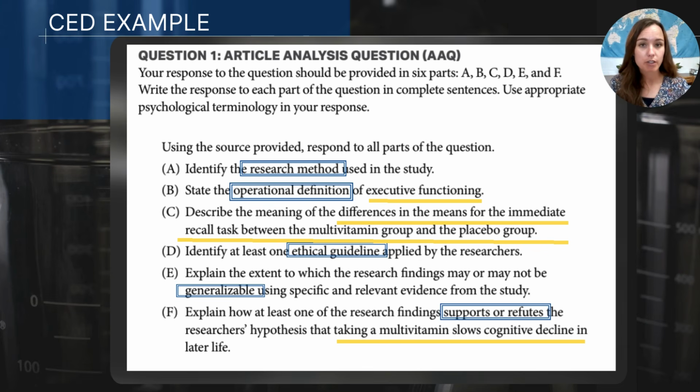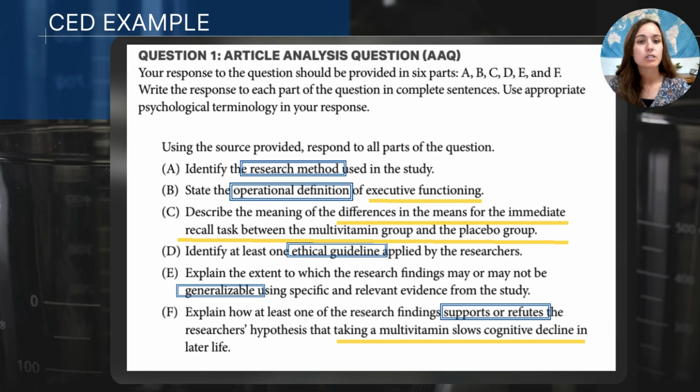So this particular AAQ gives these 6 tasks, and I'll read them to you. It says, using the source provided, respond to all the parts of the question. Part A says, identify the research method used in the study. Part B says, state the operational definition of, and here is the variable we should be looking for, executive functioning.